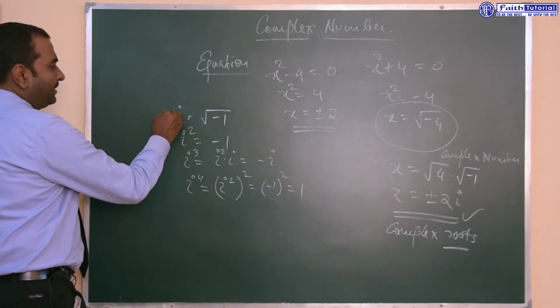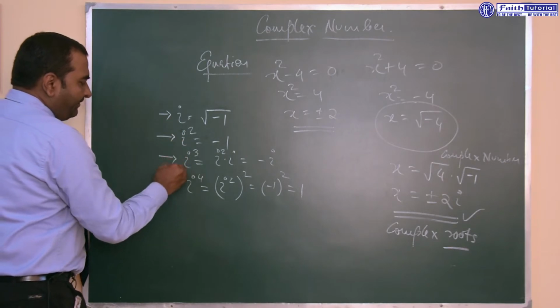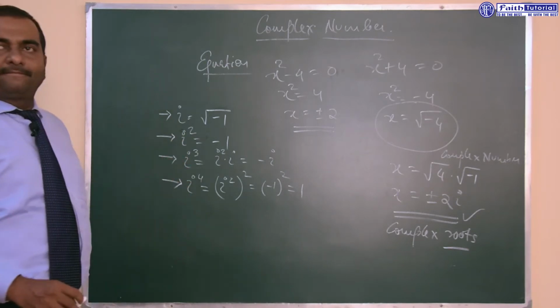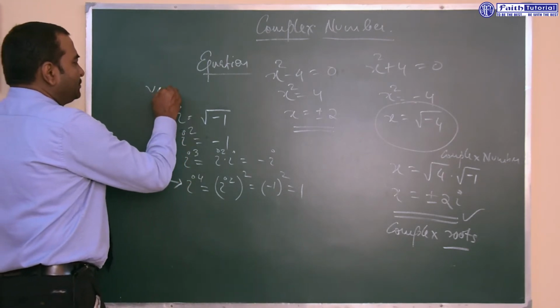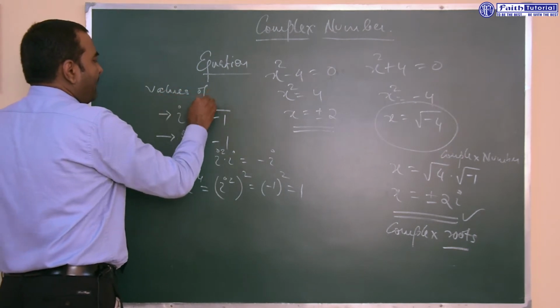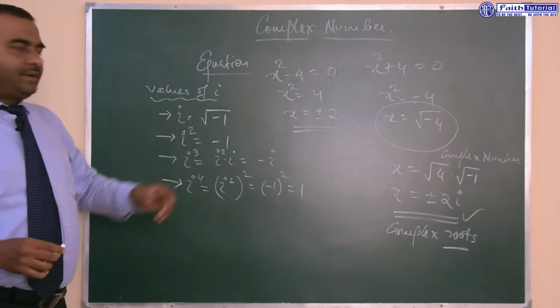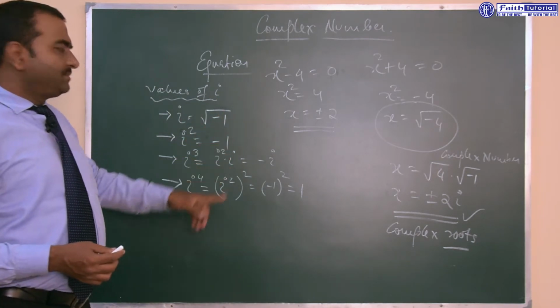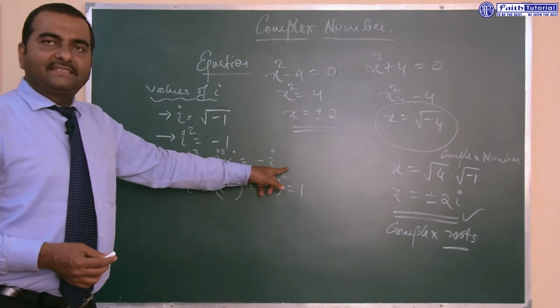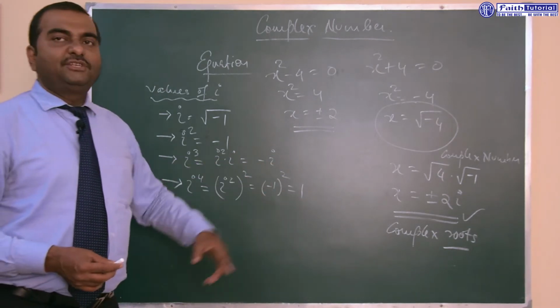So, these are the 4 important values of i. i is root under minus 1, i square is minus 1, i cube is minus i, and i to the power of 4 is 1.